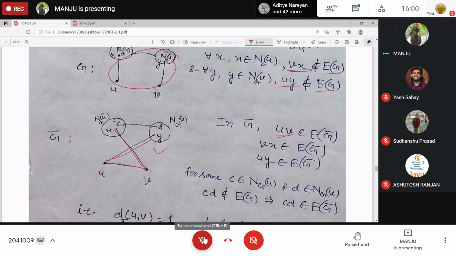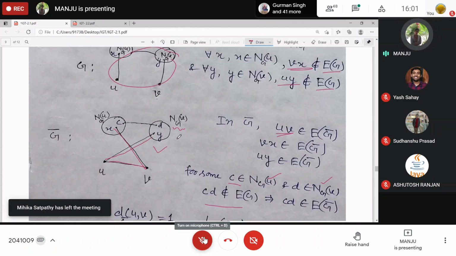U to X, whichever points were in the neighborhood of U in G, all those points have distance 2 from U, and similarly the same is happening with V. All those points that were present in the neighborhood of V in graph G have distance 2 from V via X, right? So for any point C present in the neighborhood of V and D, this CD is not present in the edge set of G. If some CD was not there, then it will be present in its complement.